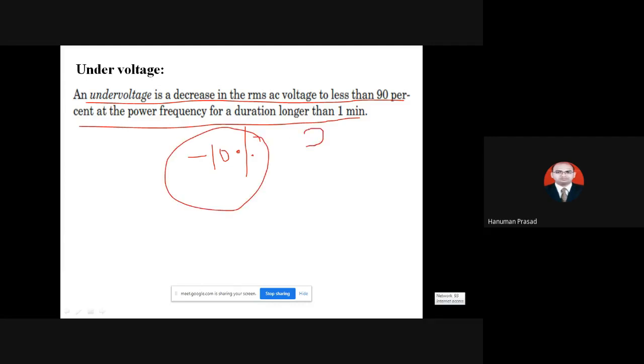If we are talking about domestic applications, we require 230 volt, but we are getting less than -10%. What will -10% be? 23 volt. So 230 minus 23 is 207.